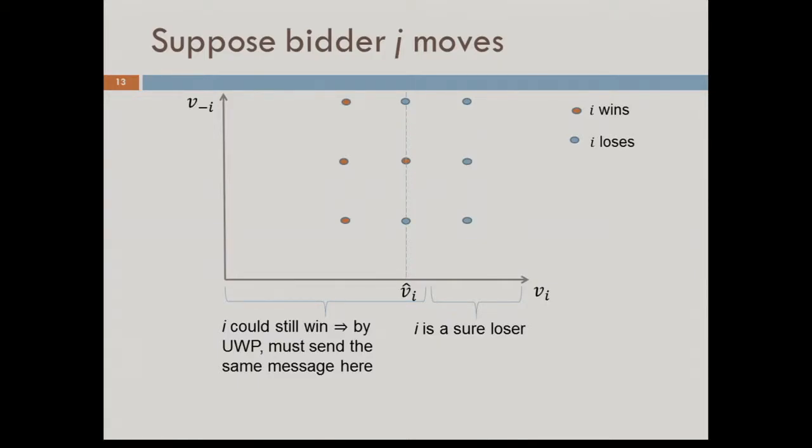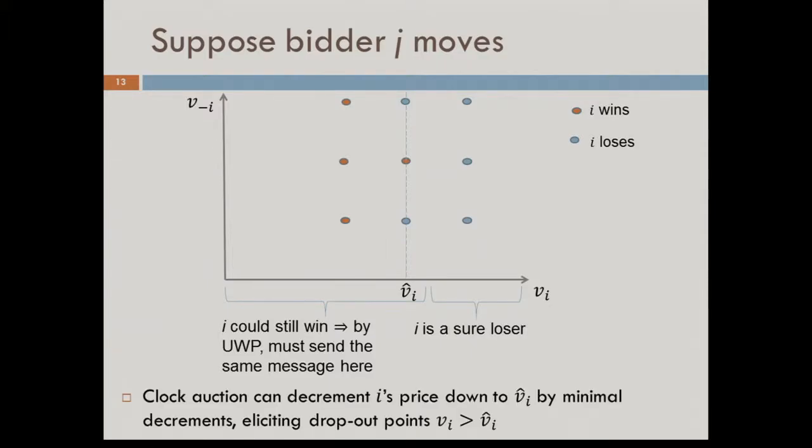A bidder with values below v_i hat would still win. If his value is above v_i hat, he is a sure loser. So we partition the set of possible values into these two parts. Now, instead of bidder i sending some general message here, we can just use a clock auction approach where we drop the price of bidder i down to v_i hat.